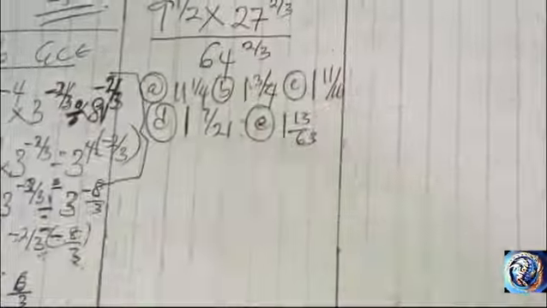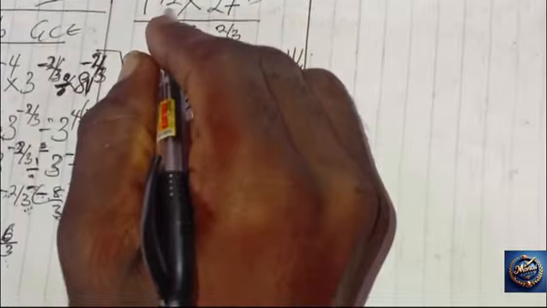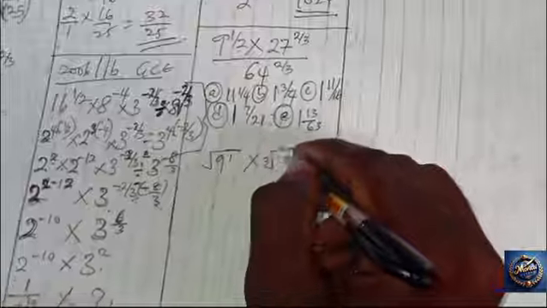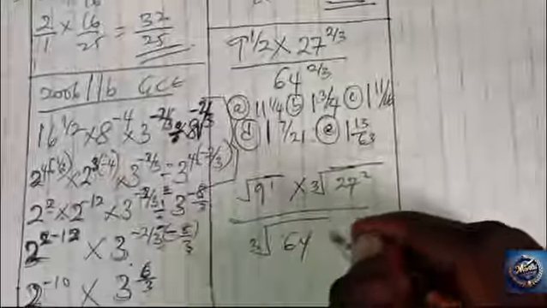So let's work. The fractional index, we affect it: it will be the square root of 9 raised to power 1, times the third root of 27 raised to power 2, all over the third root of 64 raised to power 2.